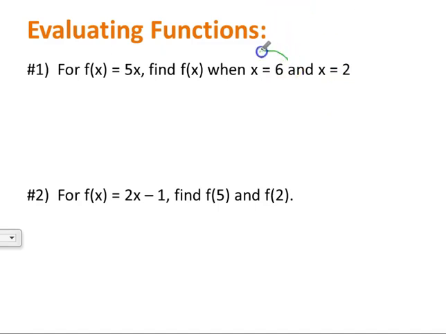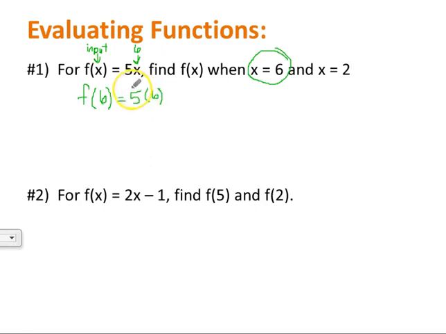So here's our first input, when x equals 6. Whenever I see an x, I'm going to substitute it with 6. So f of 6, this is my input. Remember, this represents the input right here. Whenever we see the x, we're just going to substitute in that 6.